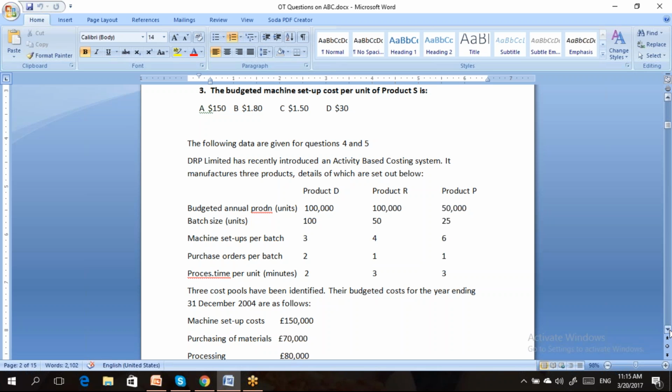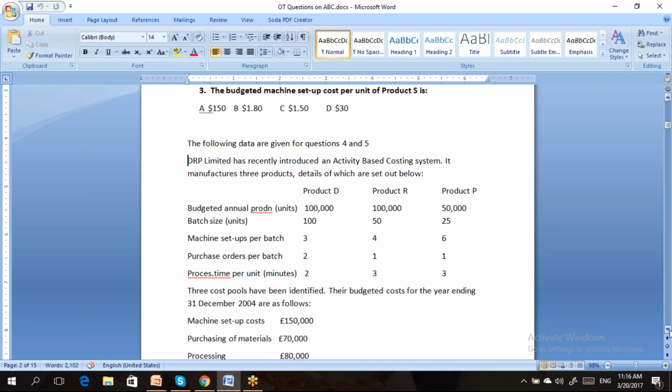You have put 180,000 divided by 6,000, 30. That is the cost driver rate, and that is question number 3. We are looking at 180,000 divided by budget setup per unit. That is all right.